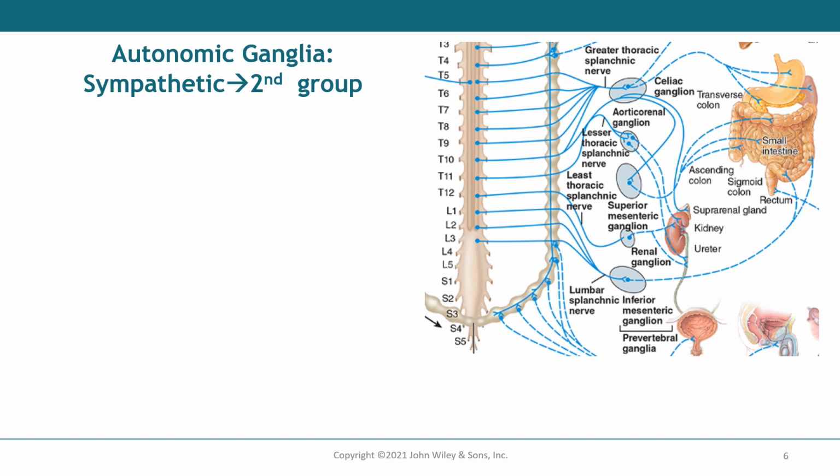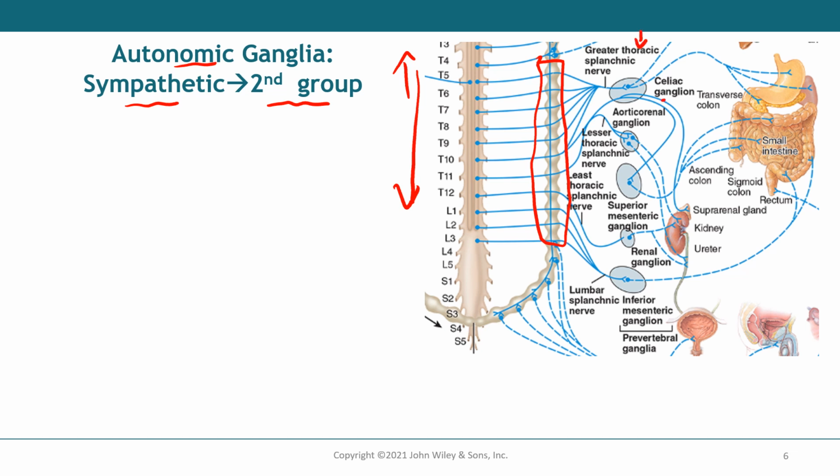To finish this section on the autonomic sympathetic ganglia, we're going to finally talk about the second group. While the first group is in the cervical region, on the top, here we're going to talk about this area. The second difference is, do you remember the trunk ganglia? Here the ganglia are not going to be located there. These are the prevertebral ganglia or collateral ganglia that are located here.